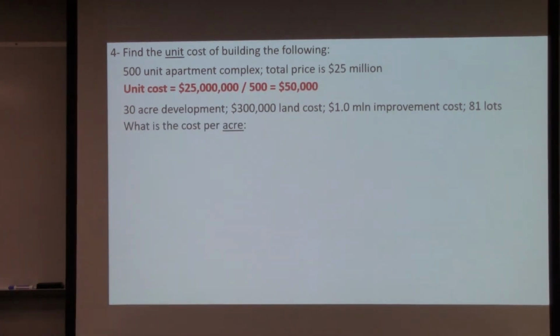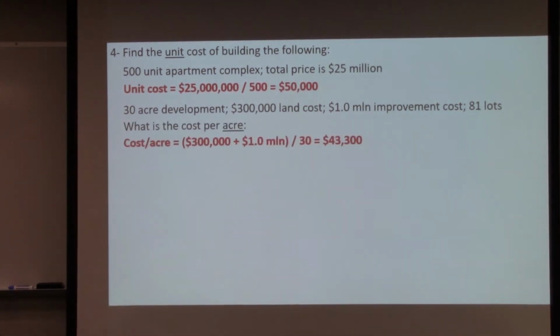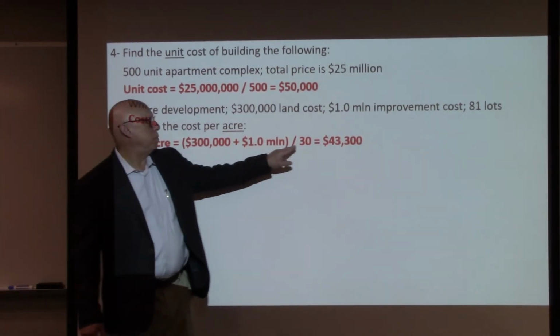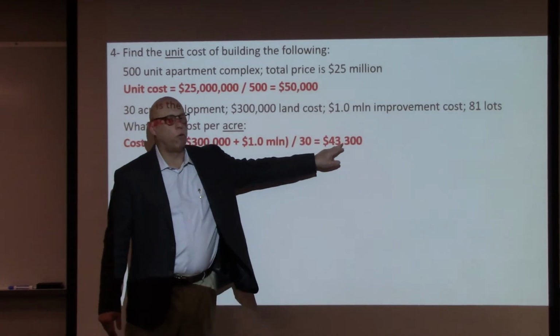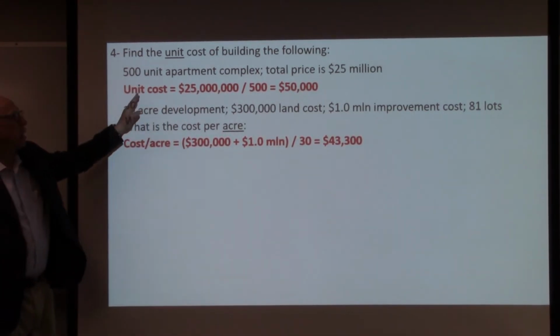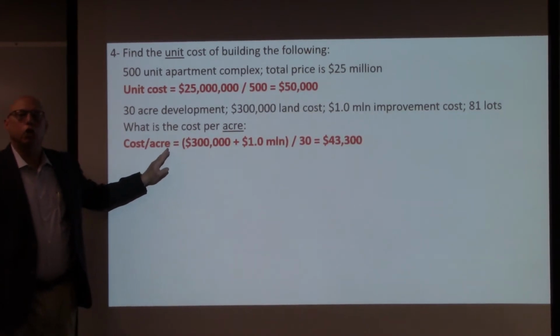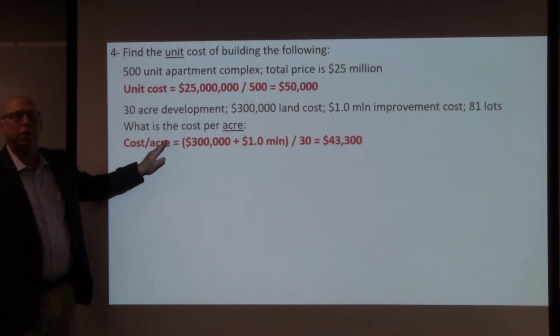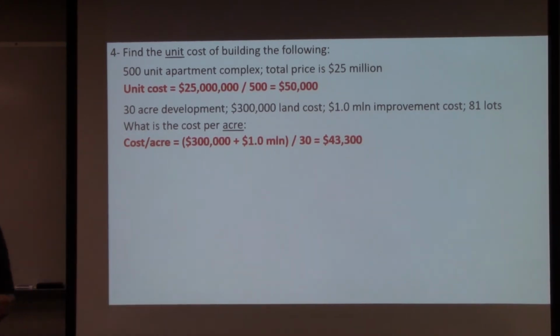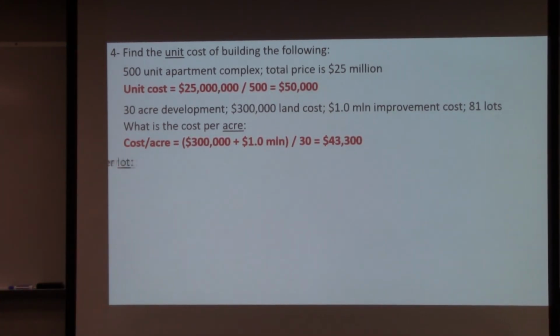The cost per acre for this situation is $300,000 plus $1 million divided by 30 acres, which is $43,300 per acre. These types of calculations enable us to compare this property to other properties to see if we're in the ballpark. Is it too low or too high?